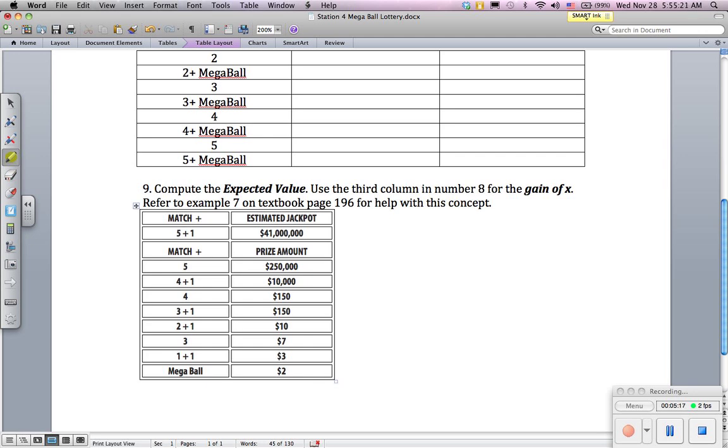For example, you'll notice that matching one ball and not matching the mega ball isn't listed here. That means that the payout for that would be 0. So you need to figure out what would the gain of X be, considering that the payout is 0 for that. In addition, the mega ball, just matching the one mega ball, actually gives you a payout of $2.